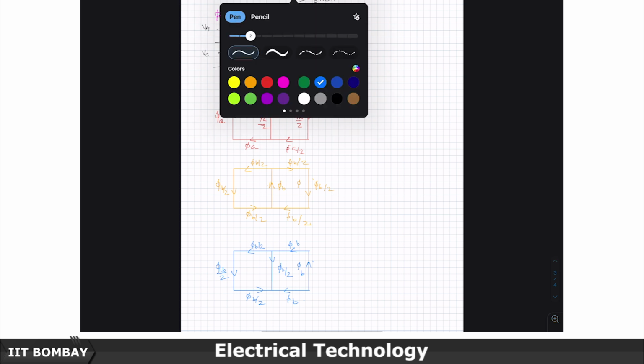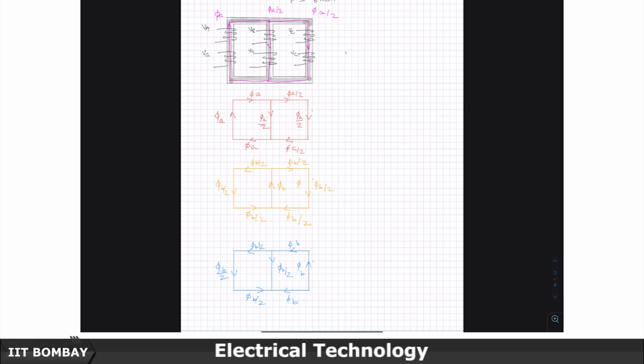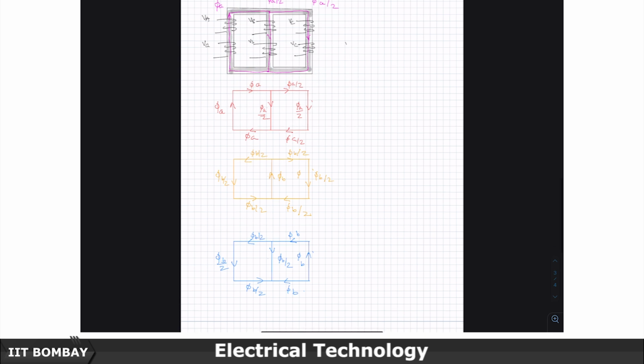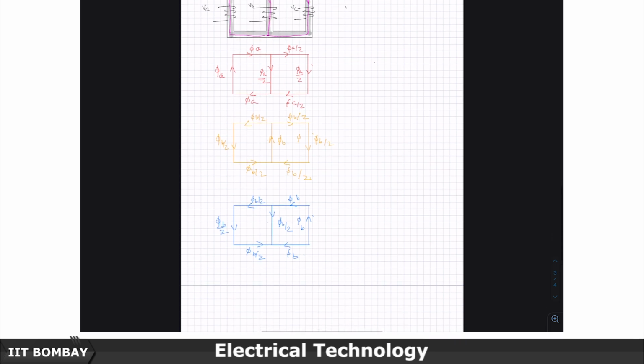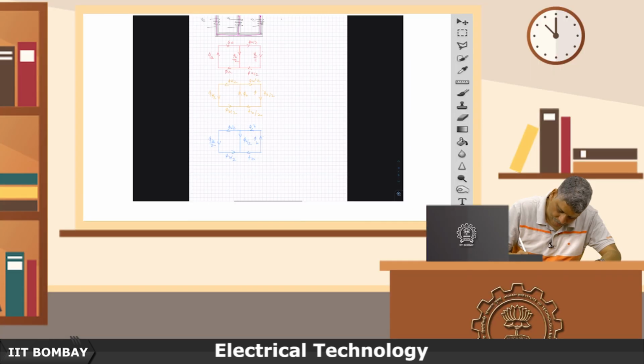So, now if you look at the, let us say, if you are talking of phi a as the reference phasor, then phi b is a square times phi a, where a, you recall, is the 120 degree rotation operator anti-clockwise.